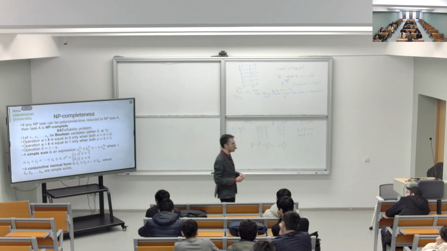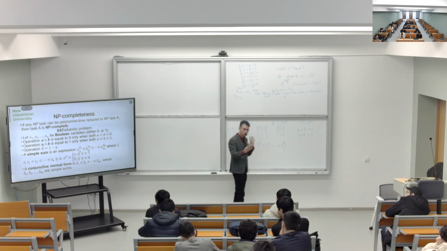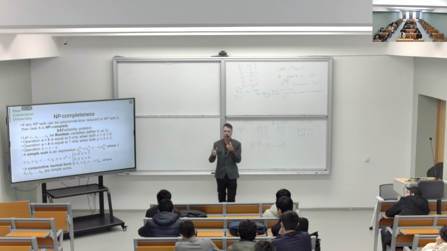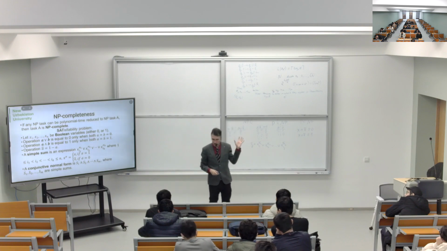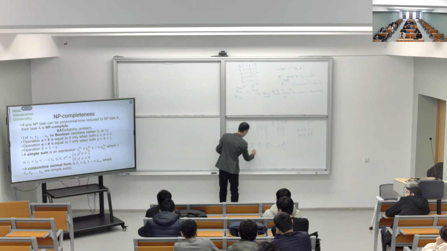Okay. So let's say we have this sum. We have many of those sums, and we use conjunction to multiply them, because it is the same as multiplication, yes? So we can multiply them. So we have S1 and S2 and so on, Sn.